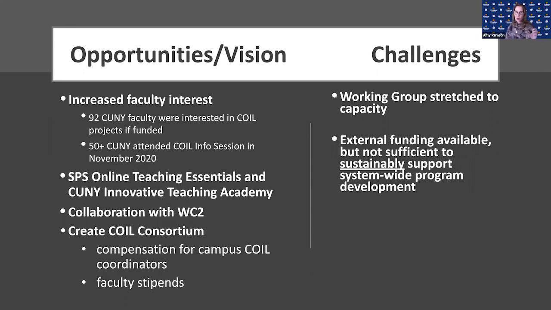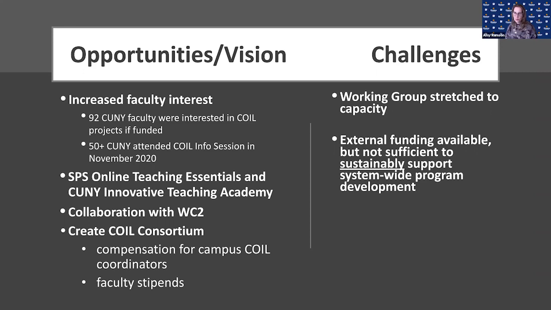And there's a special COIL part where anybody who wants to find a partner in COIL can now go to the WC2. The problem is that we are stretched to capacity, and we really need external funding to keep doing what we're doing.